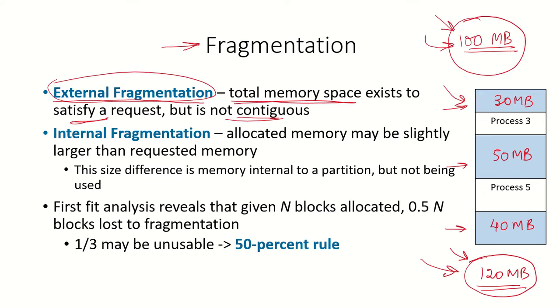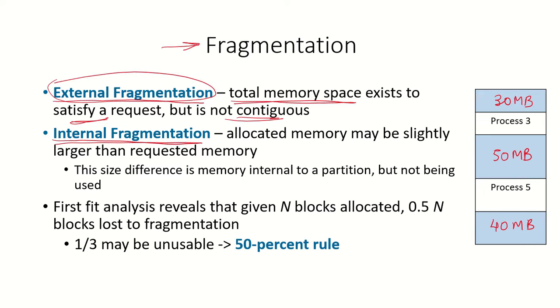Now there is another concept which is referred to as internal fragmentation. This refers to the difference in the memory internal to a partition. This happens when the allocated memory is slightly larger than the requested memory. Let's say a process requires 28 MB of memory.